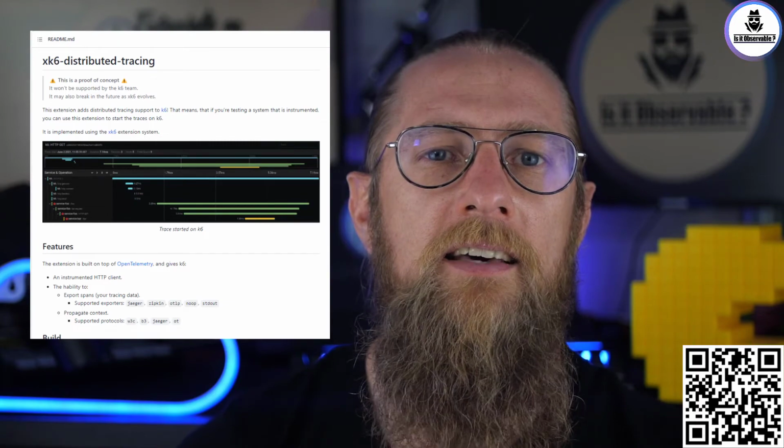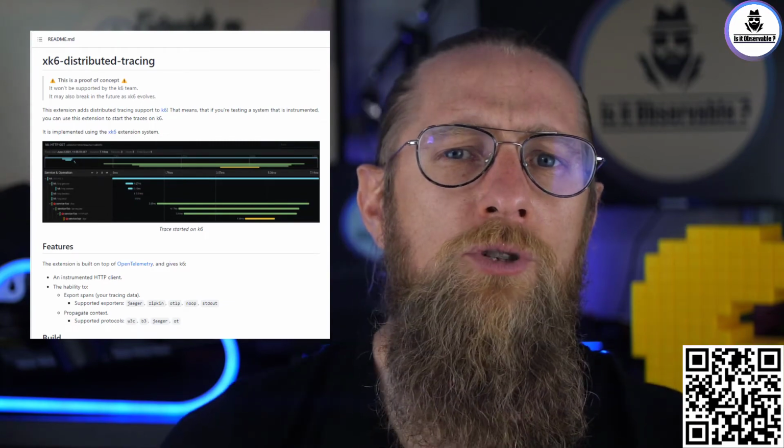One plugin that I have been using a lot when testing and working on OpenTelemetry is the XK6 distributed traces. I think it's amazing. I'm wondering if K6 is not even the only load testing solution on the market providing this feature, where the load testing solution is basically creating the first span when it generates the load.